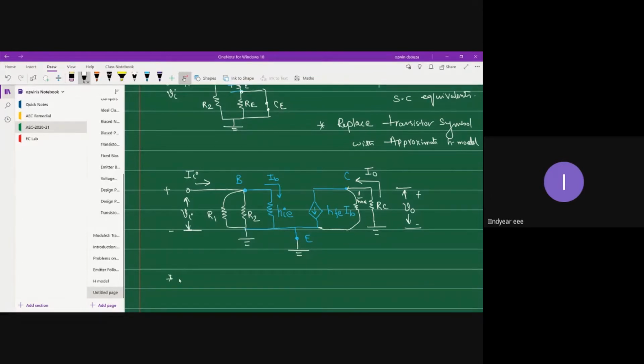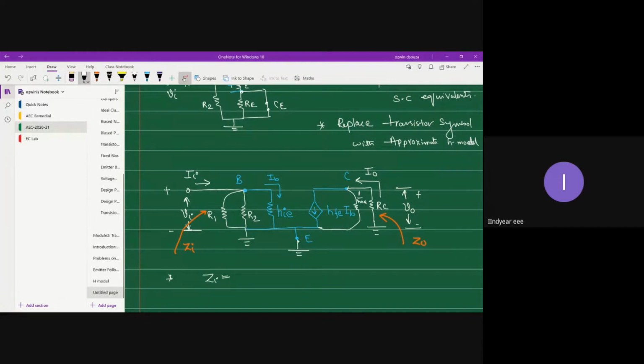Now comes the analysis part. Okay, so let's start with input impedance Zi. Okay, by now I think you guys are very familiar with how to extract input impedance, output impedance, etc. Right? So input impedance Zi, if you look at, on the input side you have base node and the ground node.